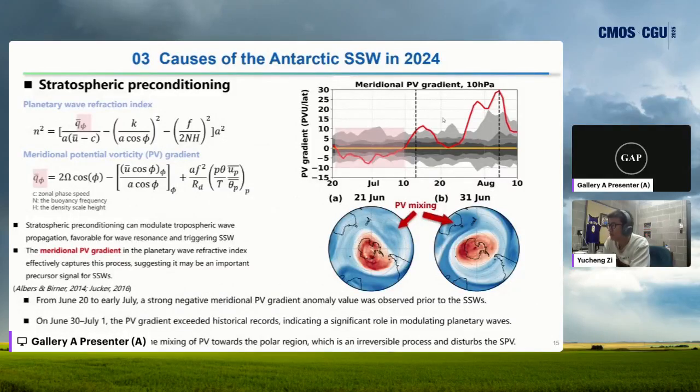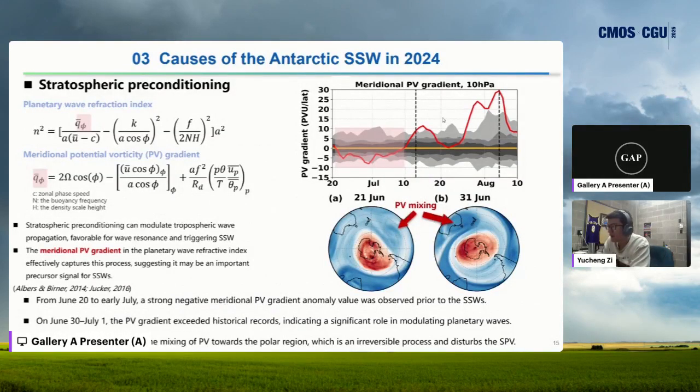Next, we can use the meridional potential vorticity (PV) gradient to diagnose the stratospheric preconditioning, which is part of the planetary wave refraction index. The upper panel is the time series of the meridional PV gradient at 10 millibar, and the bottom panel is the distribution of PV on June 21 and 31.